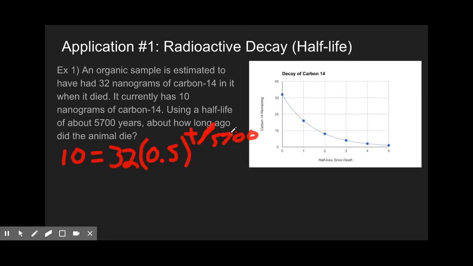Okay, so now I need to use reverse PEMDAS until I can get that 1/2 to the power all by itself. So I'm going to divide by 32.